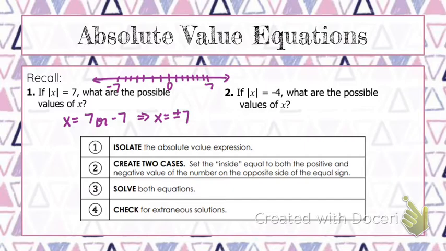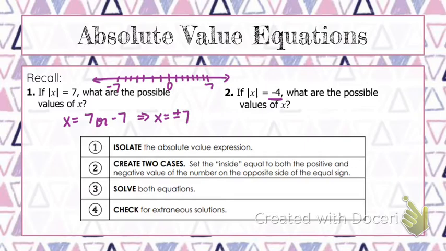Then it asks us if the absolute value of x equals negative 4, what are the possible values of x? The problem with this question is that this is a negative. You can't have negative distance, because even if I am 3 feet behind the finish line on a track, I wouldn't say I'm negative 3 feet from the finish line. I'm still 3 feet from the finish line.